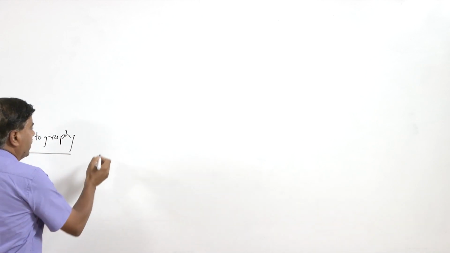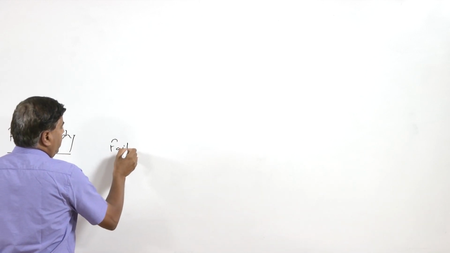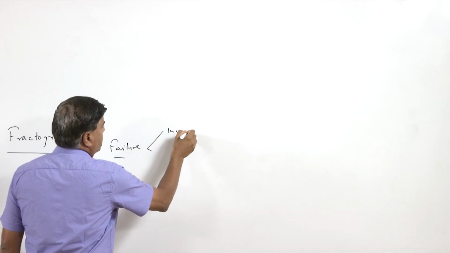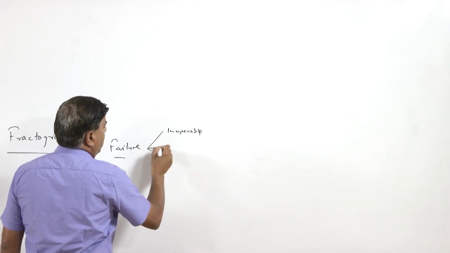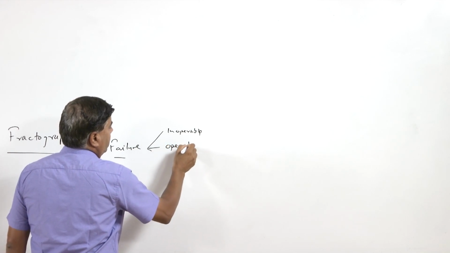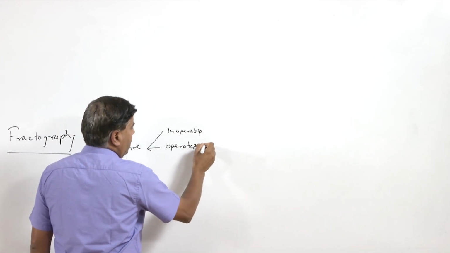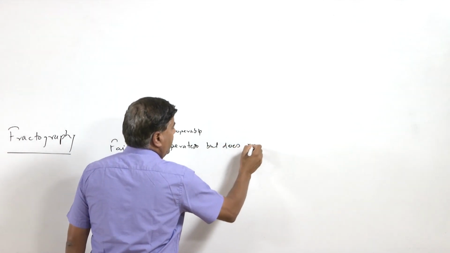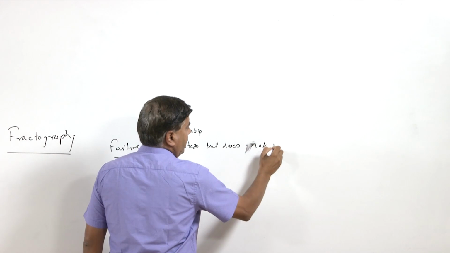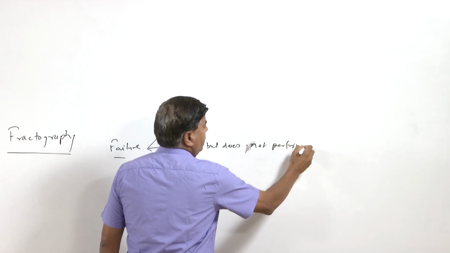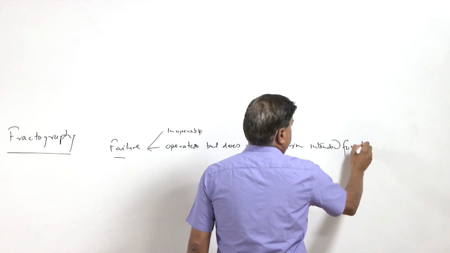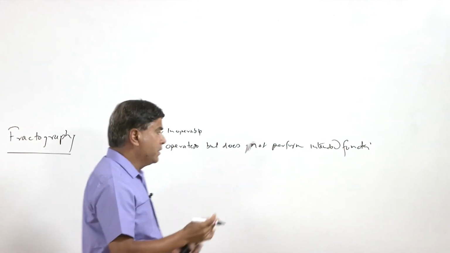We know that the failure of a component can occur in a number of ways. If you have to define a failure, one way is that the component is inoperable. Another way is that the component operates but doesn't perform its intended function. So, again in this condition we see that the component has failed.